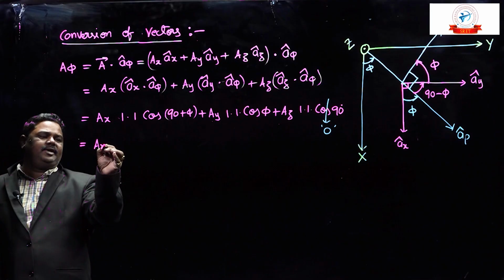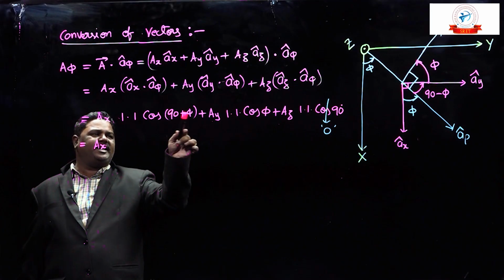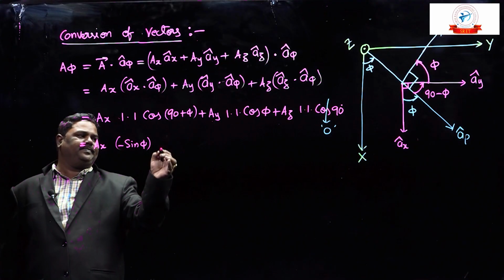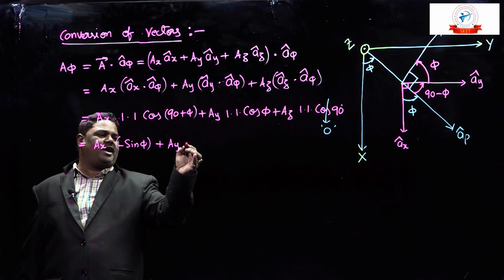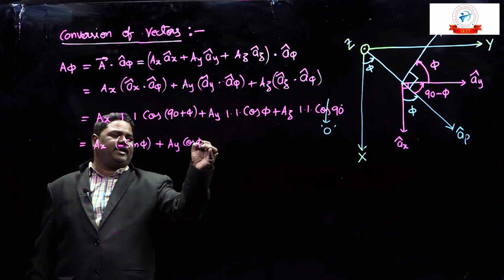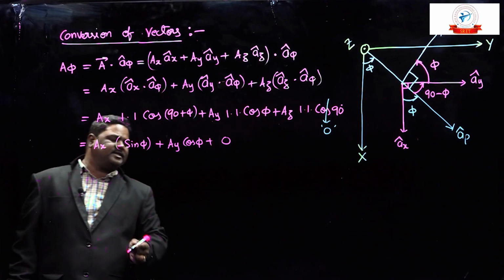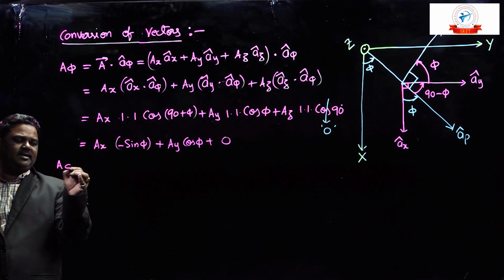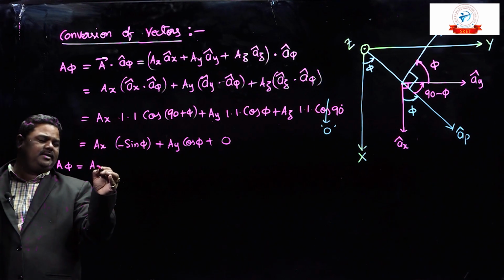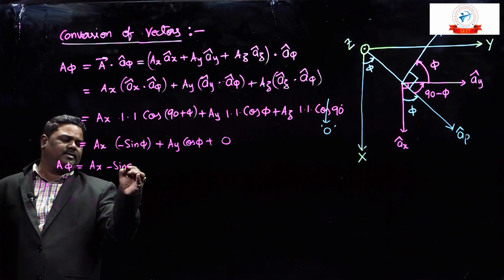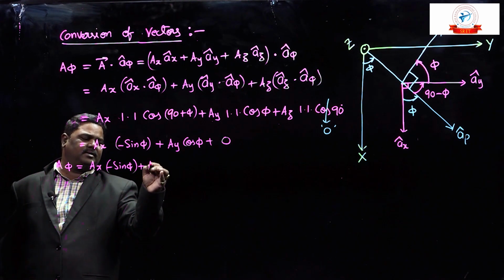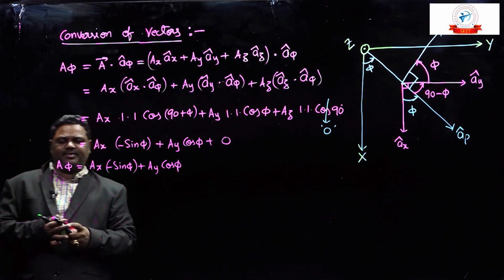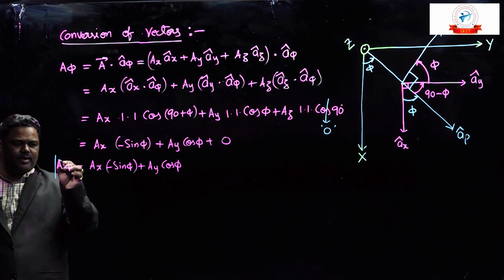So x component Ax into cos of 90 plus phi will become minus sin phi, plus y component into cos phi, plus third term is 0. Okay, so finally phi component is Ax into minus sin phi plus Ay into cos phi. So we obtained phi component now.